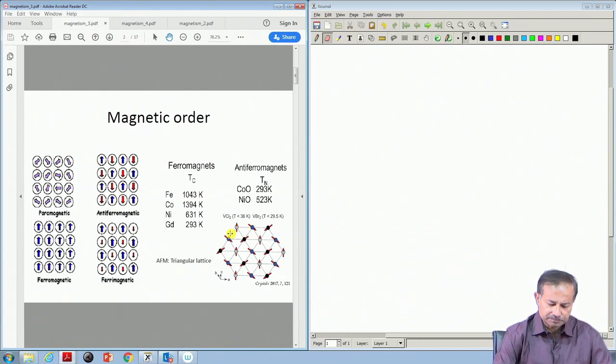It is an antiferromagnet, because you will find no net moment and each spin is rotated from its neighbor by 120 degrees. This is actually what happens in, for example, VCl2 or VBr2 with fairly low transition temperatures. We will come back to these systems later on.